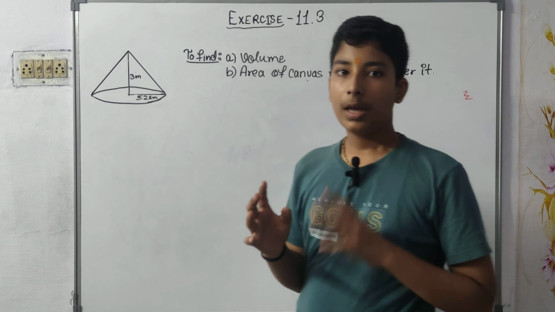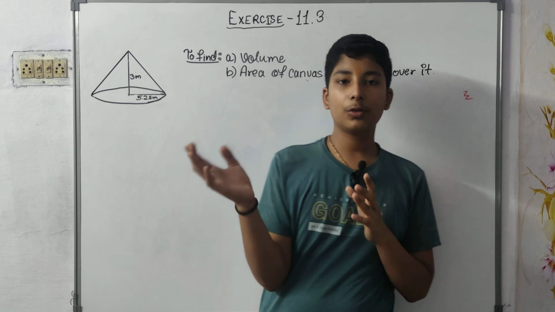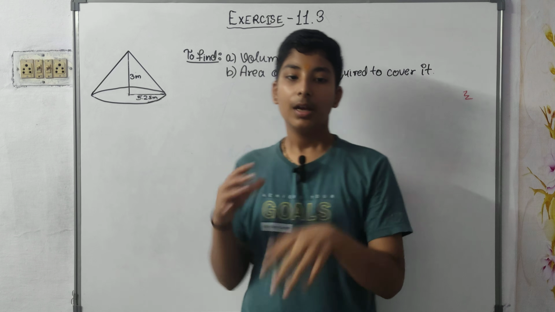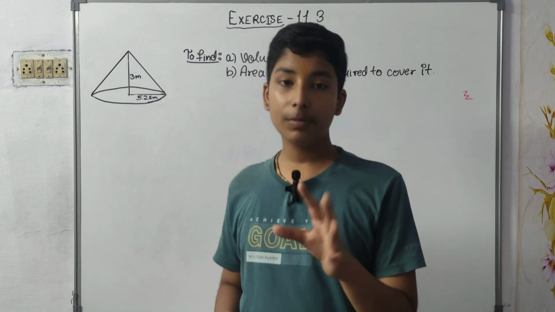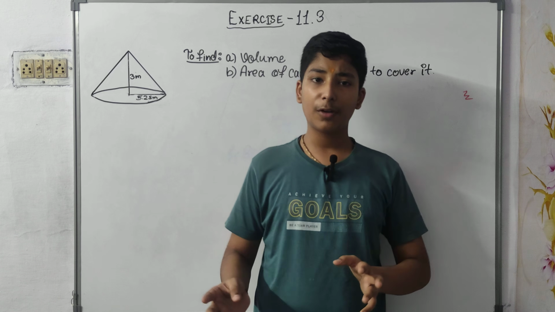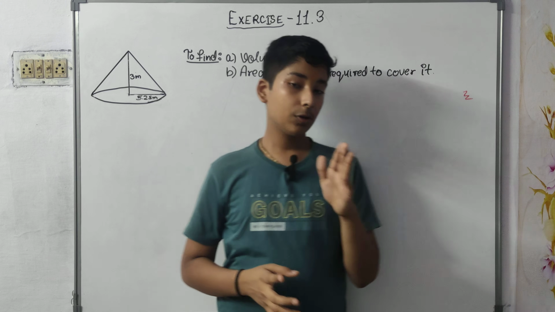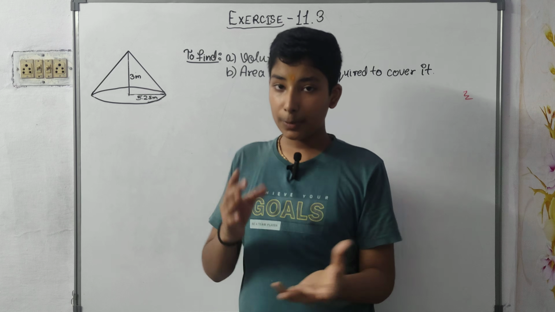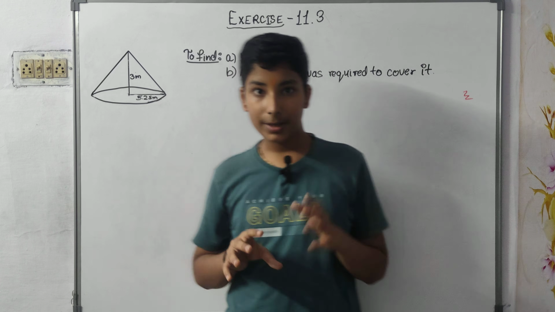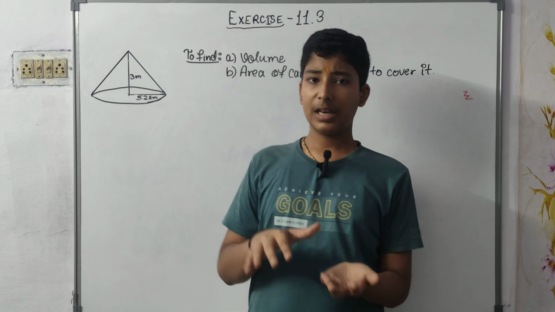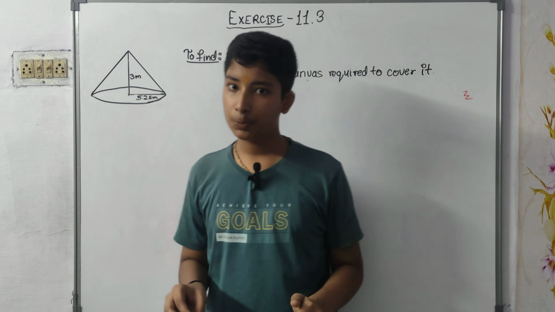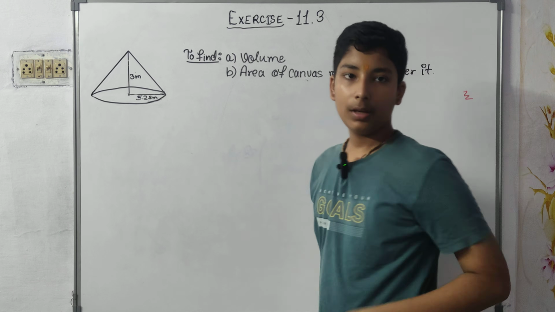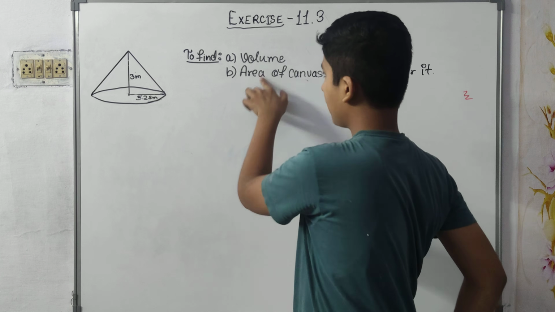You are shifting your house and you hire some vehicle to take your stuff to your new house. They take a canvas, or tirpal. It protects the things from dust particles and rain. Basically it is waterproof and dust proof. So the same thing, we are going to cover the heap of wheat with the canvas.